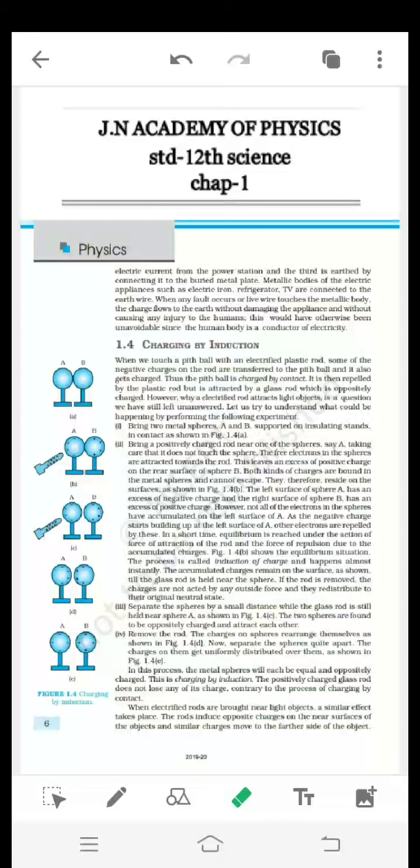In this process, the metal spheres will each be equal and oppositely charged. This process is called charging by induction. The positively charged glass rod does not lose any of its charge, contrary to the process of charging by contact. When electrified rods are brought near light objects, a similar effect can take place.